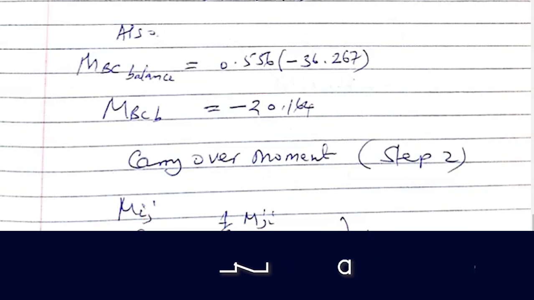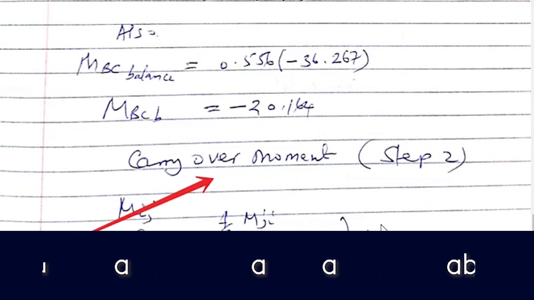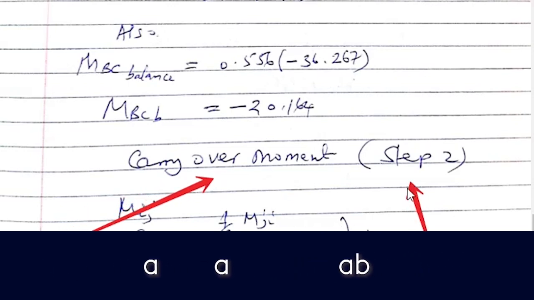This theory is called the carryover moment, and this is the second step in moment distribution. The moment from this side is carried over to that side, and the moment from that side is carried to this side; it is a cross multiplication, and vice versa.